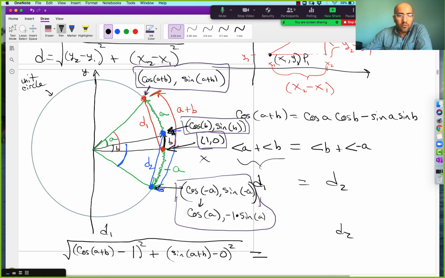Now d sub 2 is the blue ones. It's going to be the difference of the x coordinates, so it'll be cosine of b minus sine a, parentheses squared, plus the difference of the y coordinates, which is going to be sine b minus negative sine a, squared.